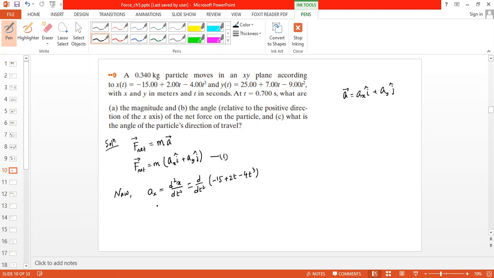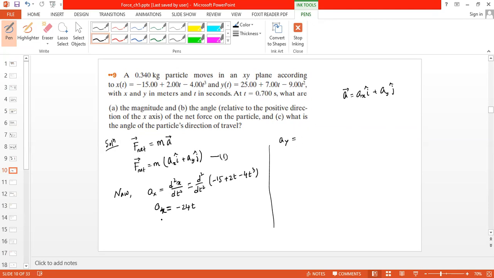So ax will be, if you differentiate it twice, this constant goes off, this goes off, and this gives minus 24t. Is it clear? ax equal to minus 24t. Can you understand this? Yes, sir.